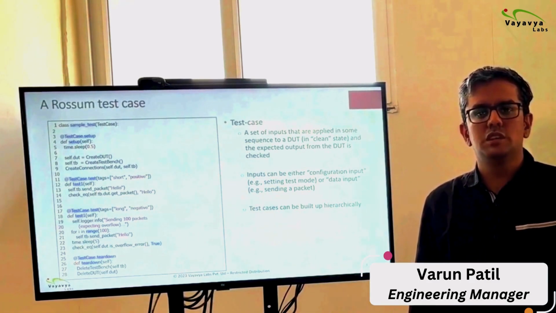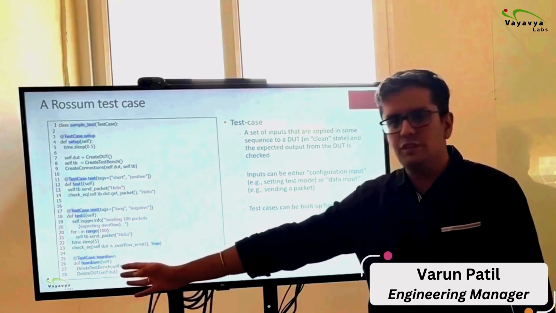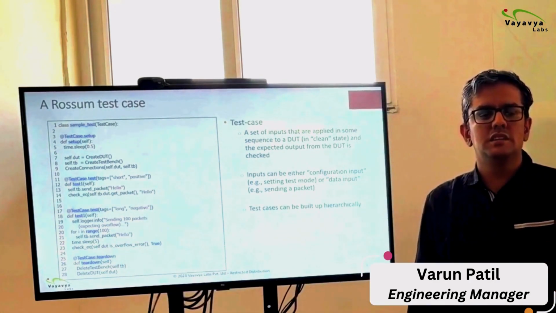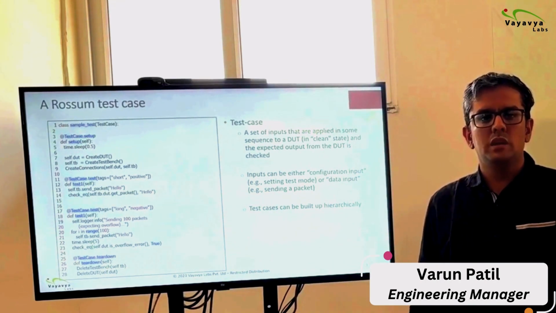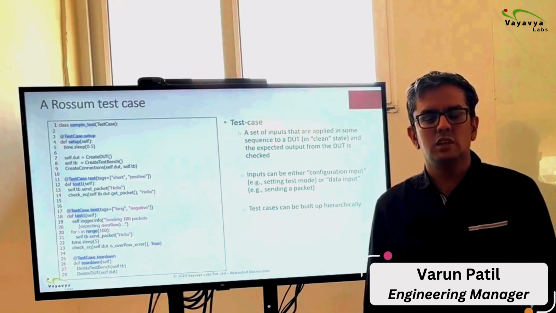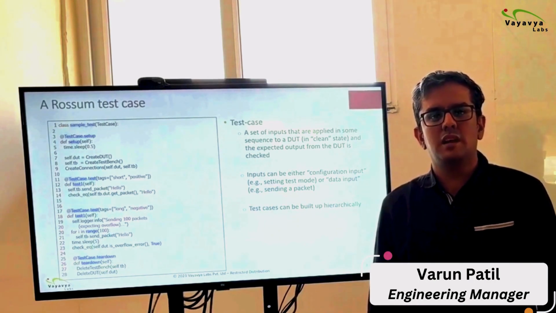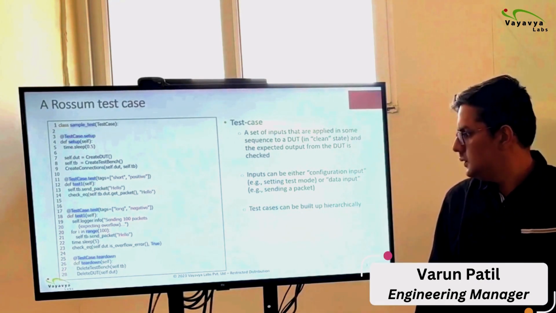Whatever the test procedure is, that comes as part of the test case. And then as part of the tear down function, we take care of resetting the values back to the default values. By doing this, you're making sure that your setup is clean so that the next test case doesn't get impacted by the earlier test case execution.